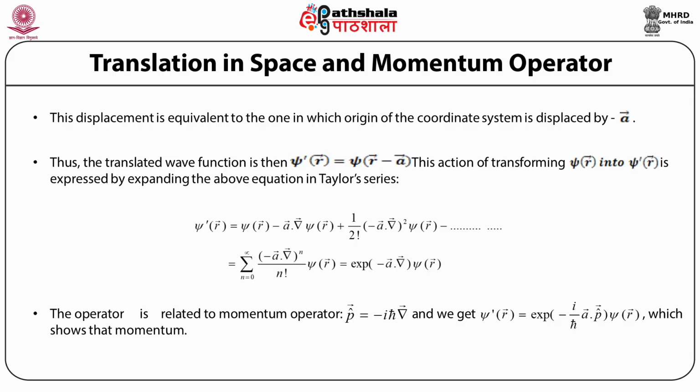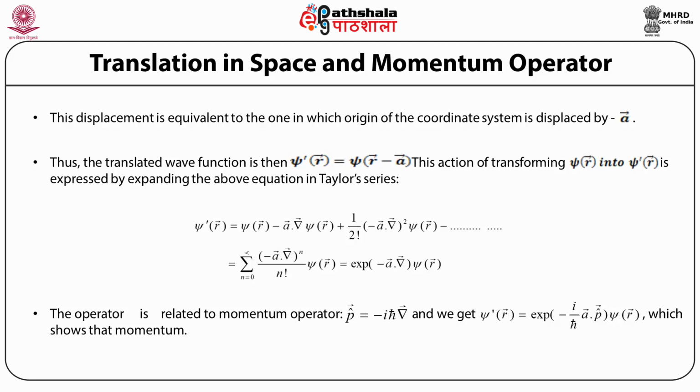And this can then further be simplified as exponential to the power minus vector a dot del vector whole times the wave function psi of r. Here dot basically represents the dot product between the vector a and the del vector.